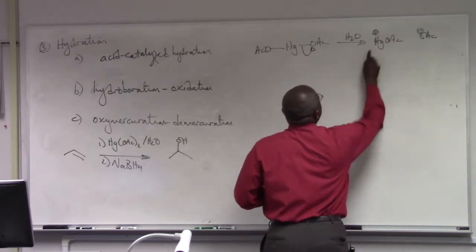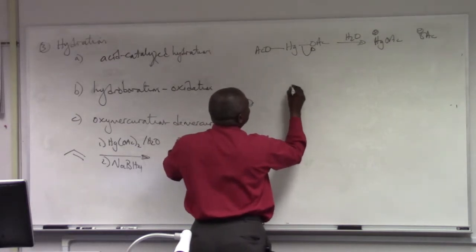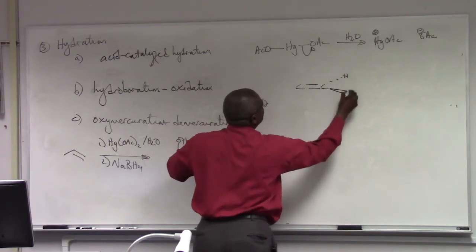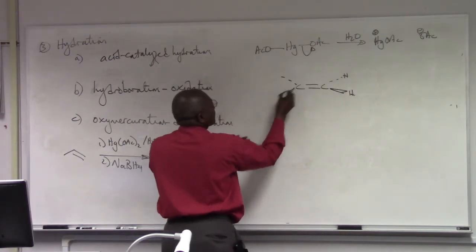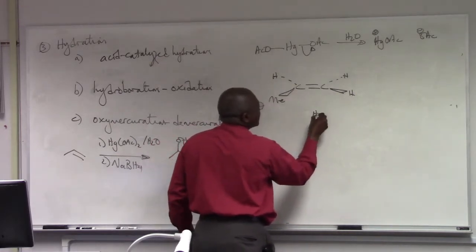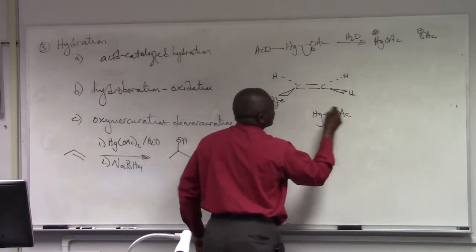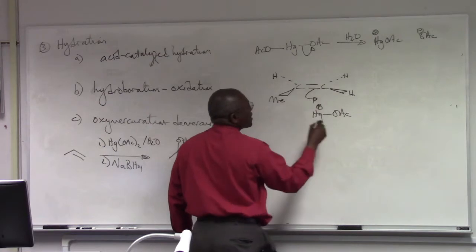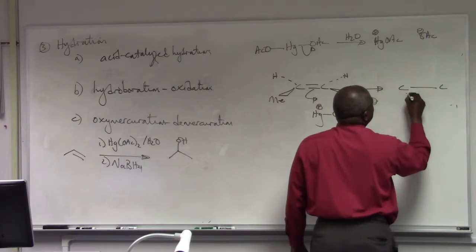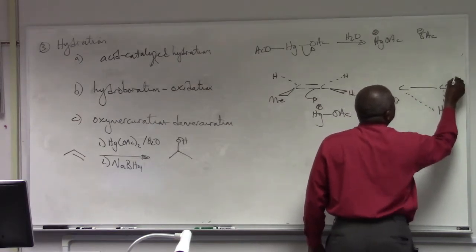This species, a mercury-based cation, attacks the alkene. So I'm going to draw the alkene. And the mercury-based species, which is large, because mercury is a big atom, attacks, and what we generate is a rather interesting species called a mercury-bridged carbocation.